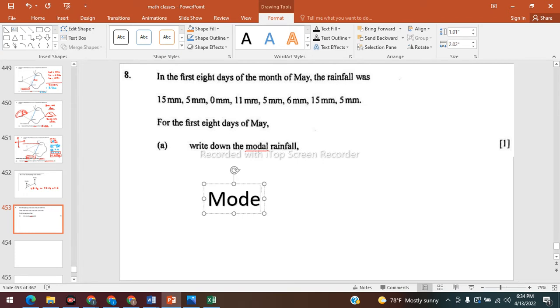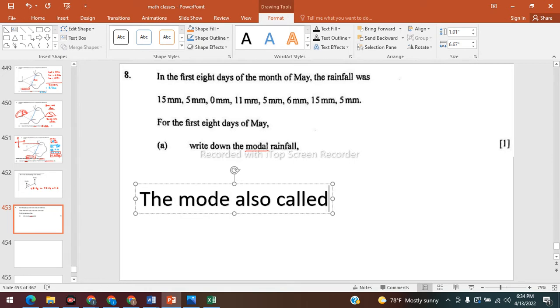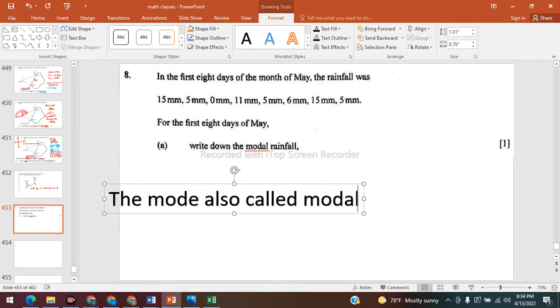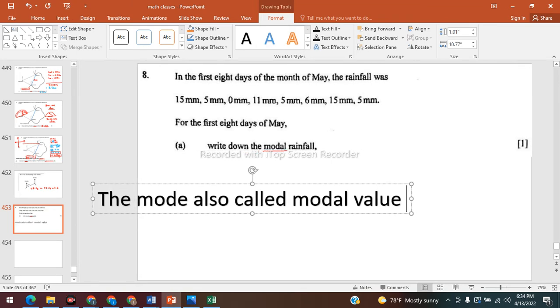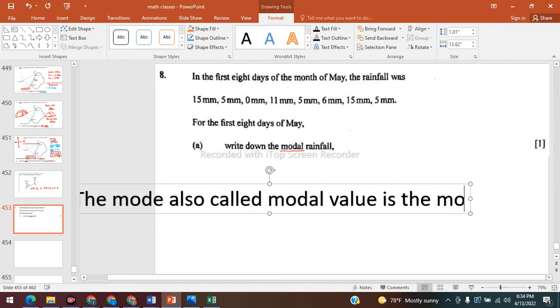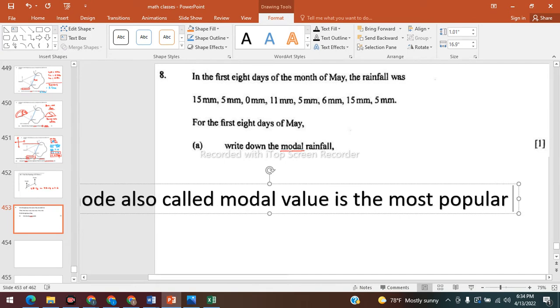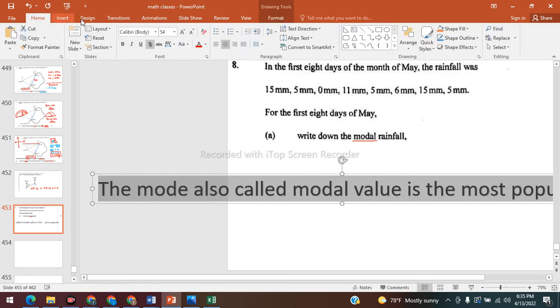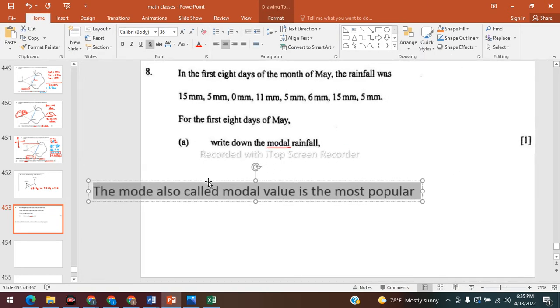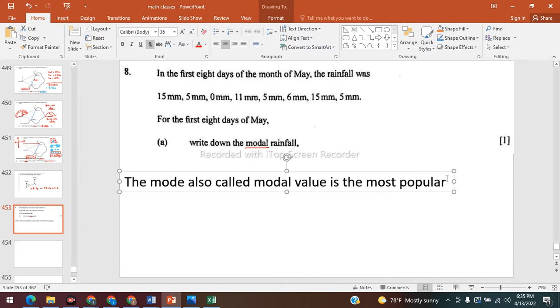Mode means, let me just make sure you're all clear on this. The mode, also called the modal value, is the most popular value in the data set.